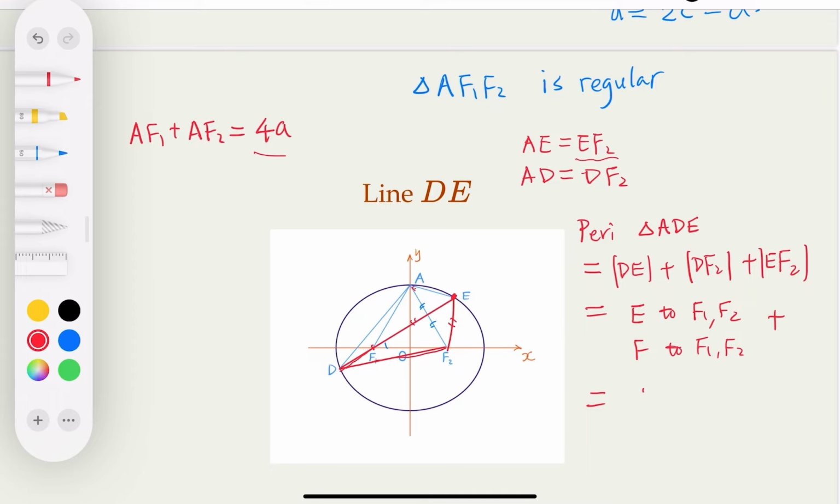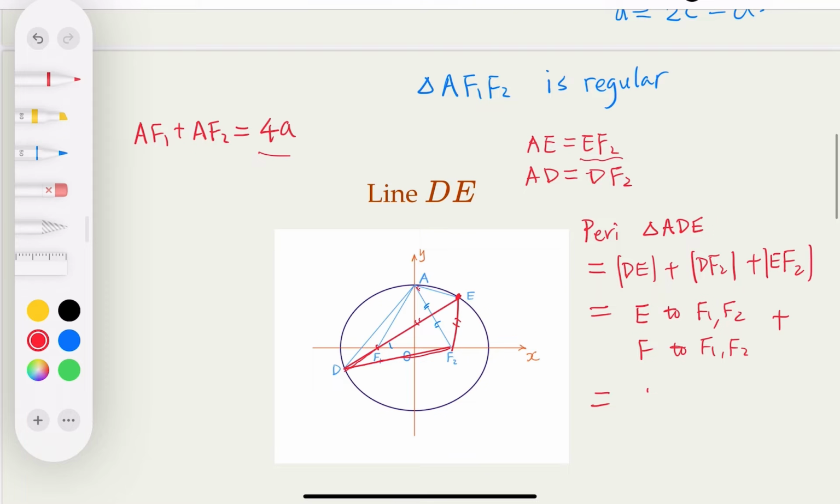Sorry, this is earlier, this is wrong. This is not 2a, it is 4c here. Okay, I made a mistake earlier.